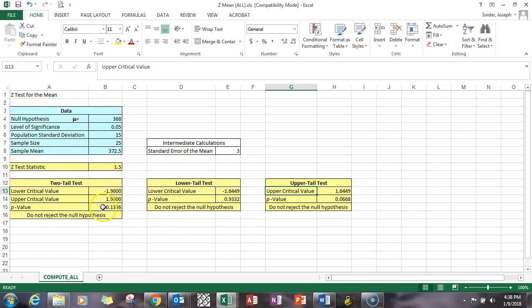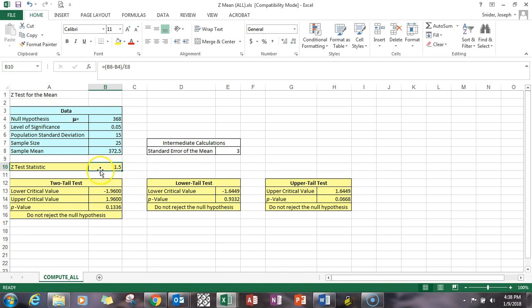The p-value, there's a consistent way to know whether to reject the null hypothesis with the p-value test, and that's if the p-value is less than the level of significance, then you reject. In the critical value testing, you take a look at the rejection zones and see if your z-test statistic is outside the bounds.